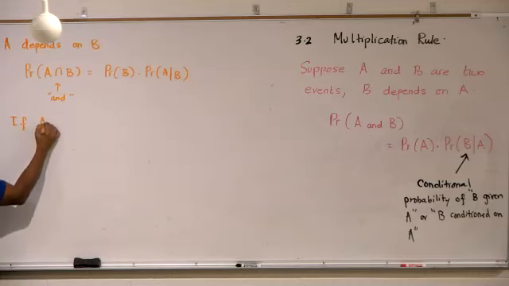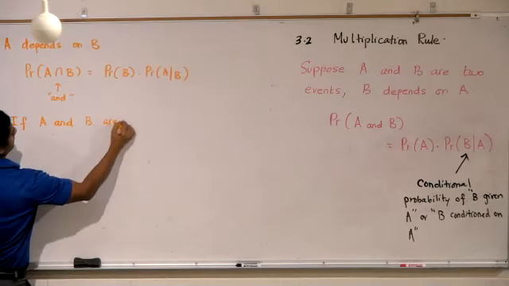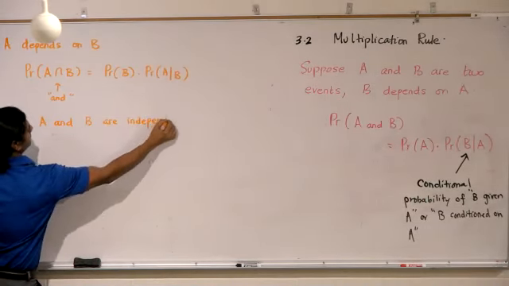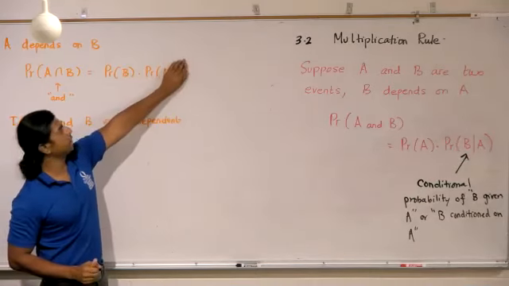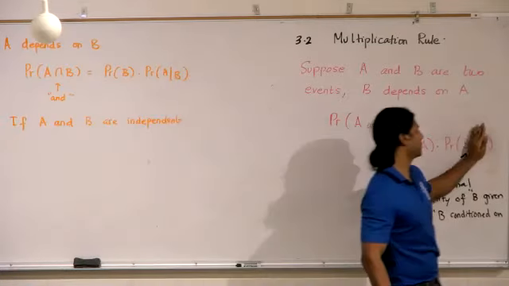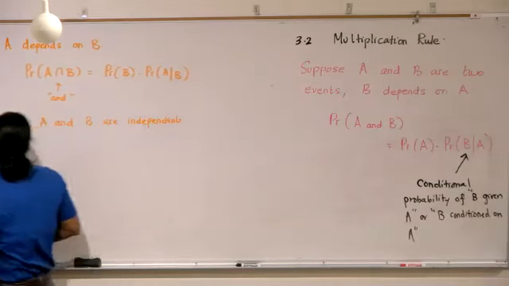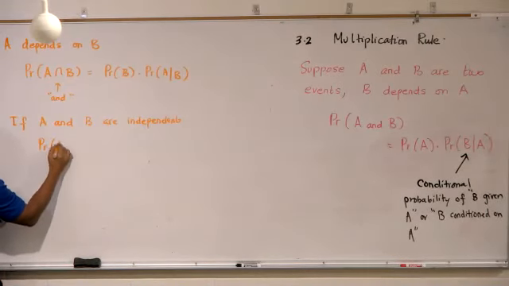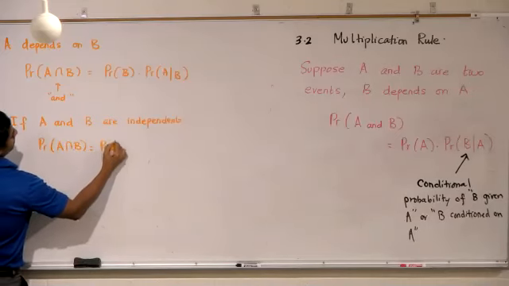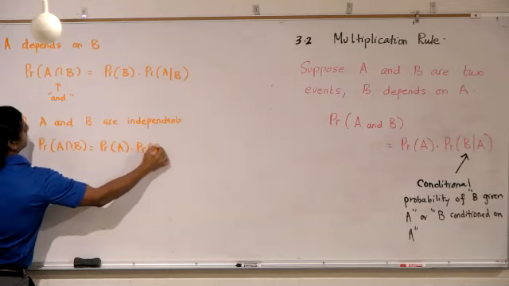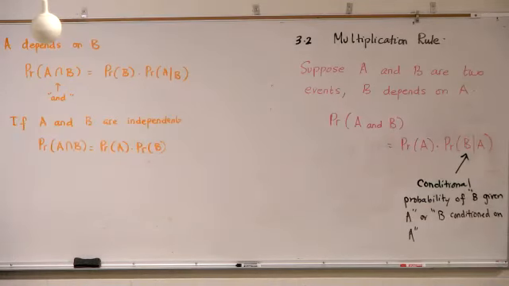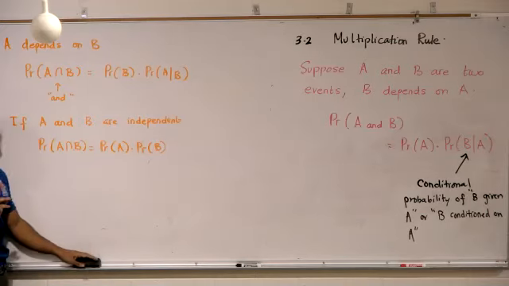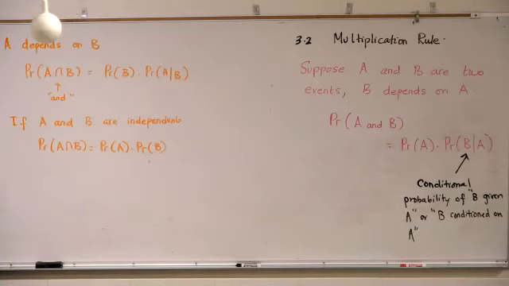So if A and B are independent, A has got nothing to do with B, likewise B has nothing to do with A, so we'll just have the probability of A multiplied by the probability of B. In practice, this is related to the concept of with replacement and without replacement. The book does get into some counting rules, so it's good to know what with replacement and without replacement means.